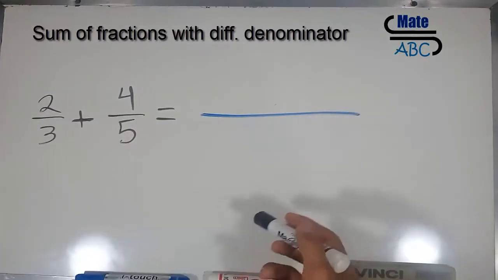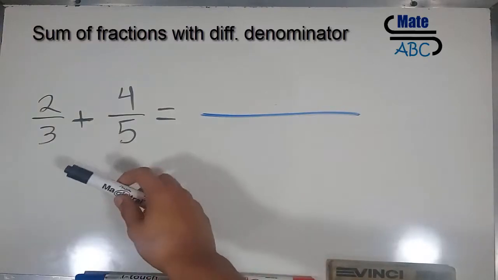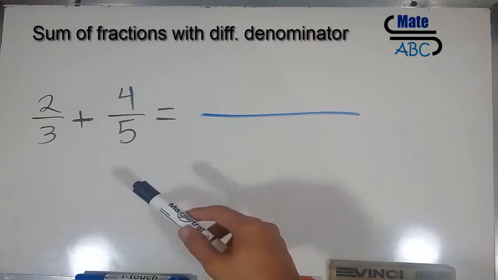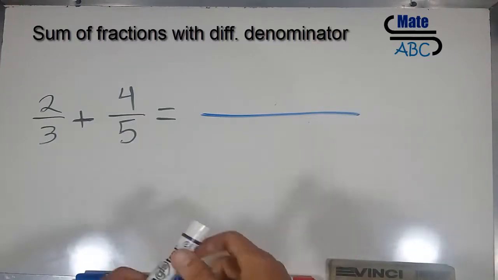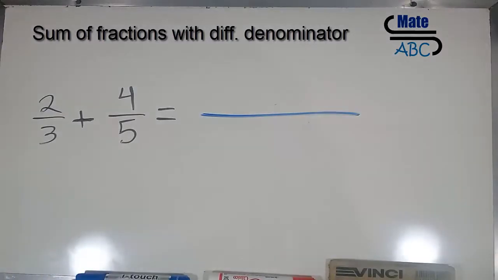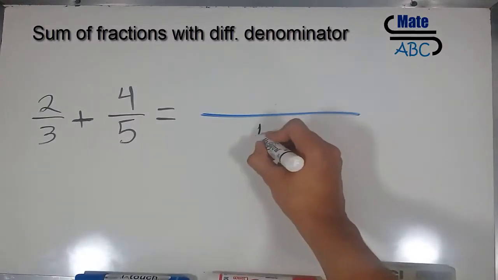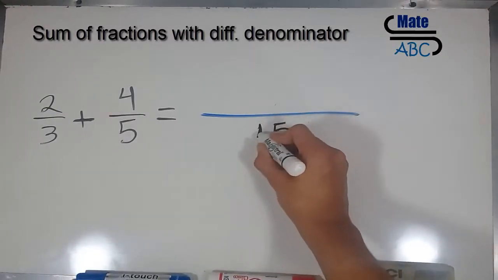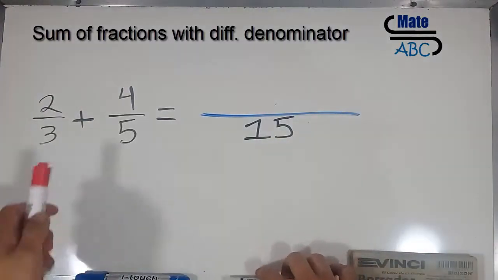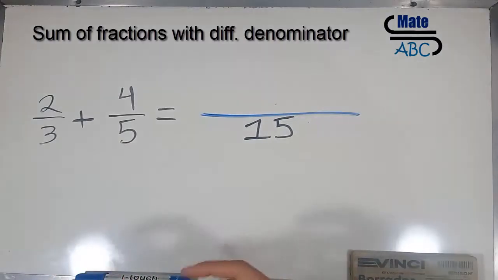So another example is add 2/3 plus 4/5, and we need to find the least common multiple of 3 and 5, and it's 15. And also we need to follow the same steps on this fraction and this fraction.